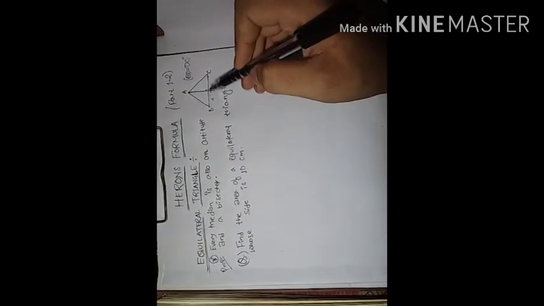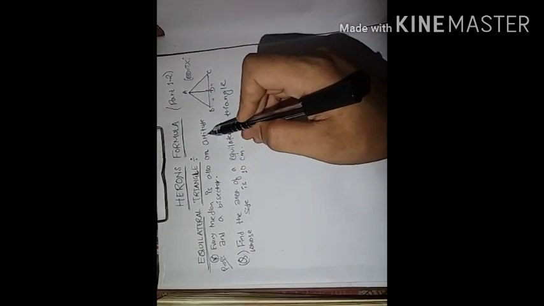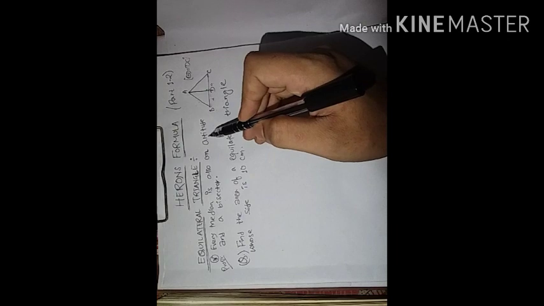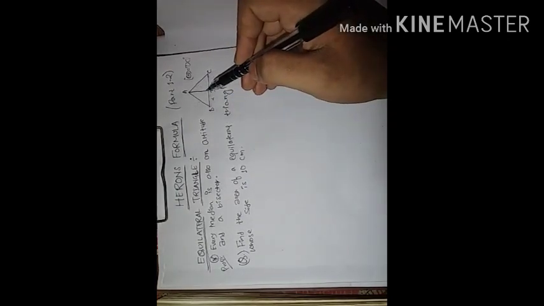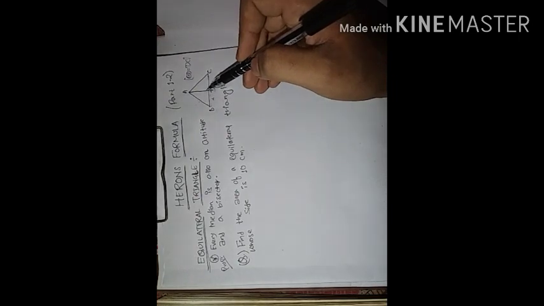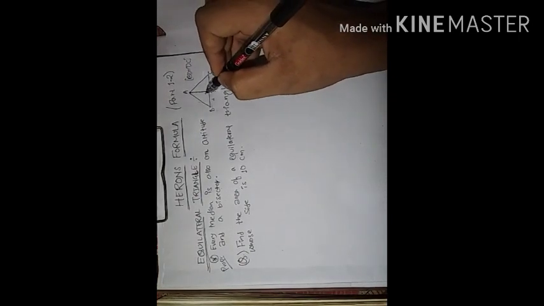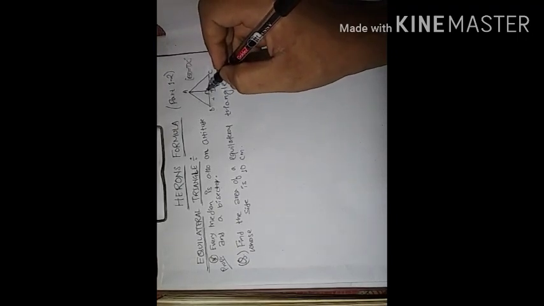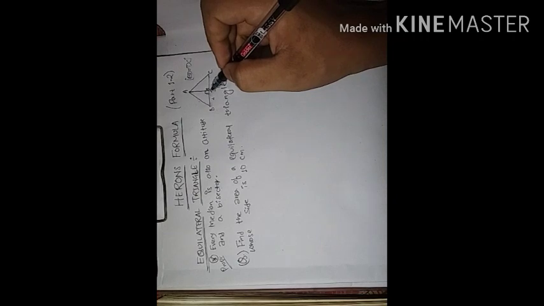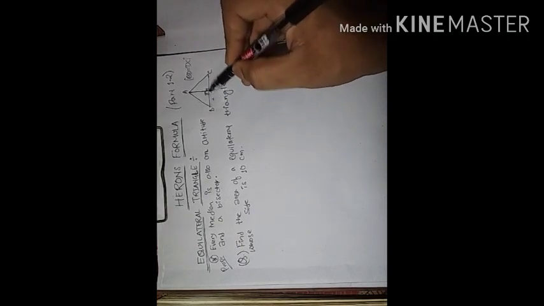So we have found out the meaning of bisector. Now it is also an altitude. If you remember, an altitude is always perpendicular to the base. That means it will make 90 degrees here also and here also. In our previous video I have told you that an altitude is always perpendicular to the base.